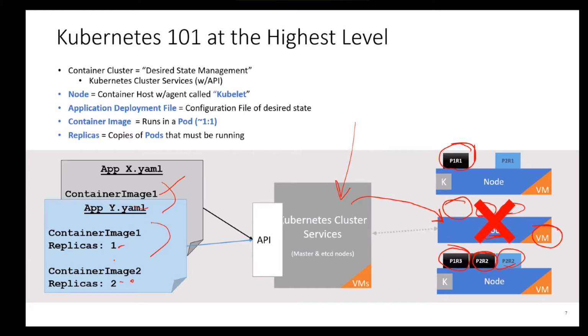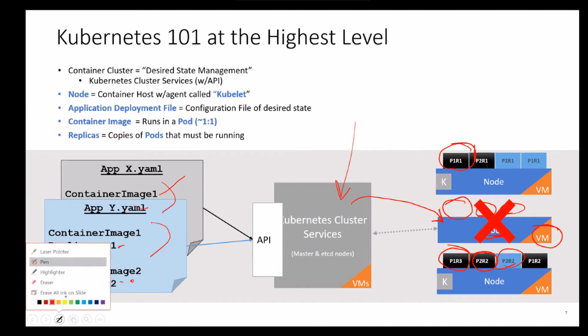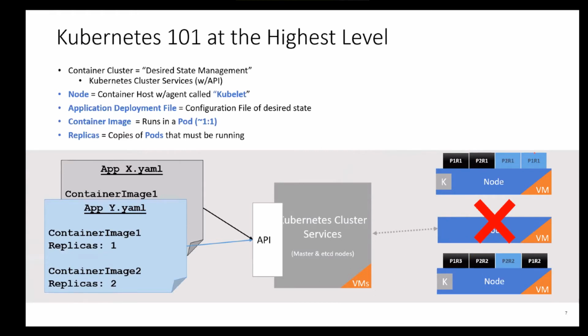Well, if that node goes away, we can no longer talk to it. What's Kubernetes going to do? You can see those other nodes were instructed to suddenly pick up these other containers that had been running on the node here. We'll call this node 2 in the middle. It's very much like high availability.